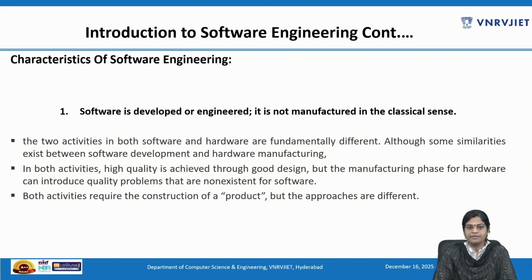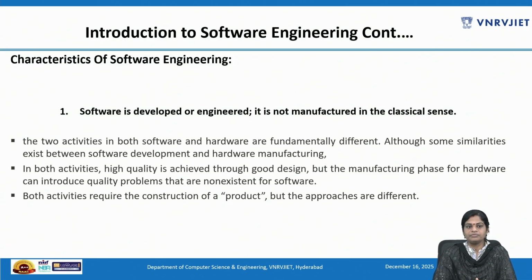When we have to understand software development, it is better to compare software and hardware to understand things more easily. The two activities are fundamentally different: for software we call it development, and for hardware we call it manufacturing.